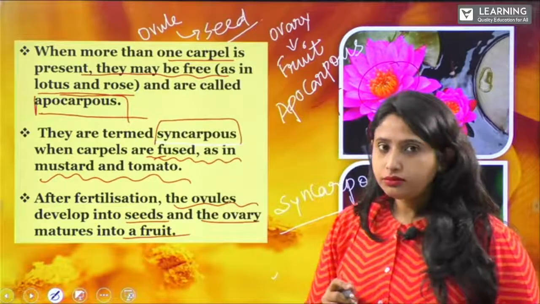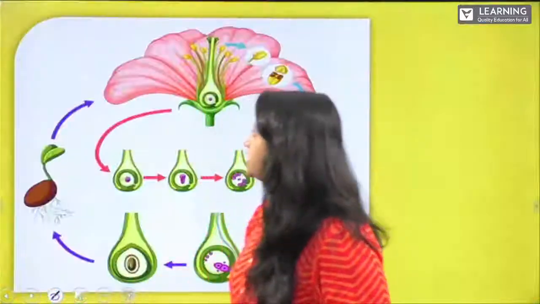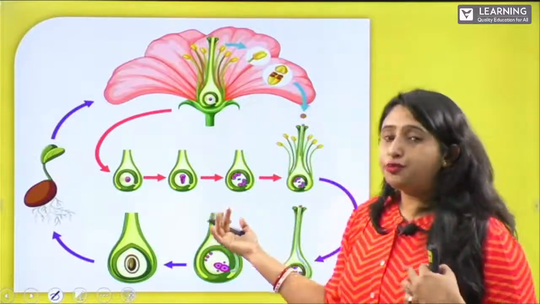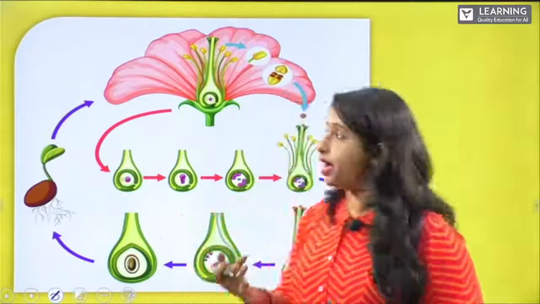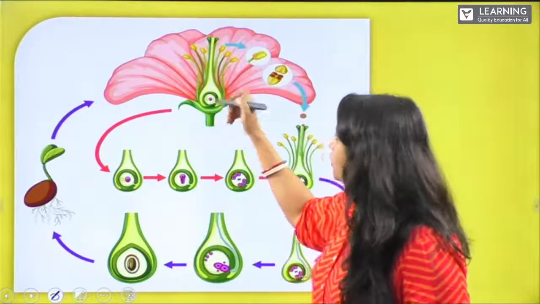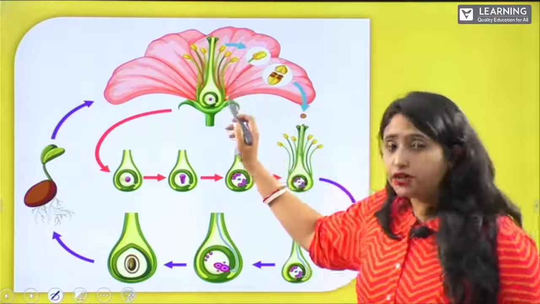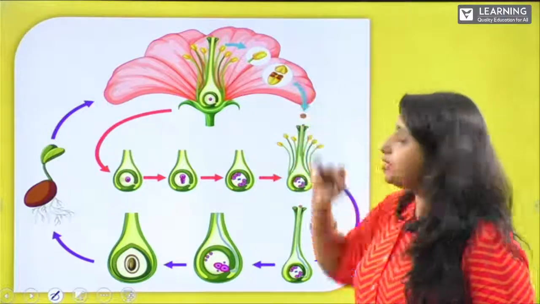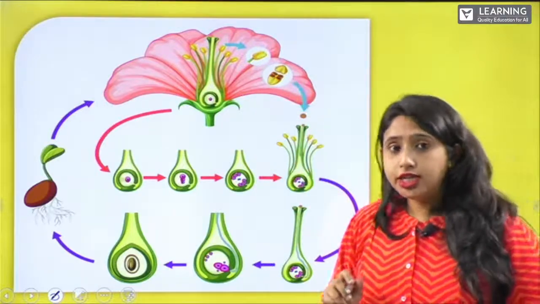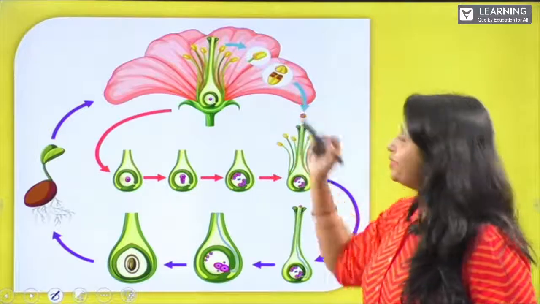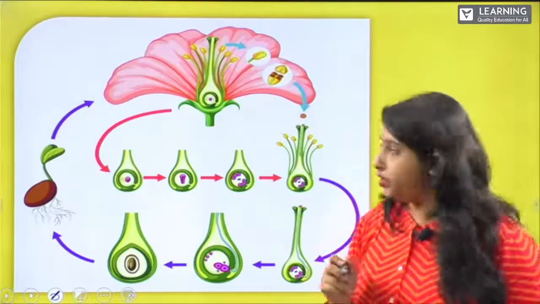As you can see, this picture clearly shows how a flower develops. These are the pollen grains. When you dissect the anther, you will see this type of structure, which is how the pollen sacs are arranged.